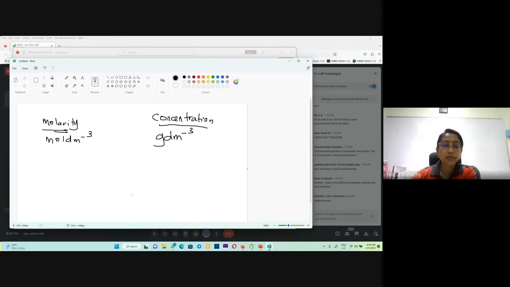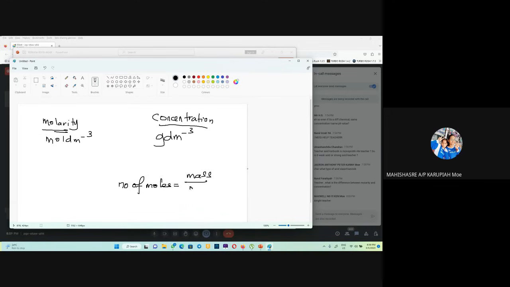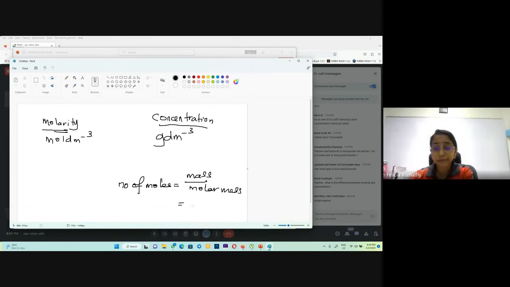Get it? Okay, students, can you give me the basic formula you have learned for number of moles? Mass divided by molar mass. So when you do this, you get number of mole, right? Okay, so I want you to look at this unit, mass to mole.